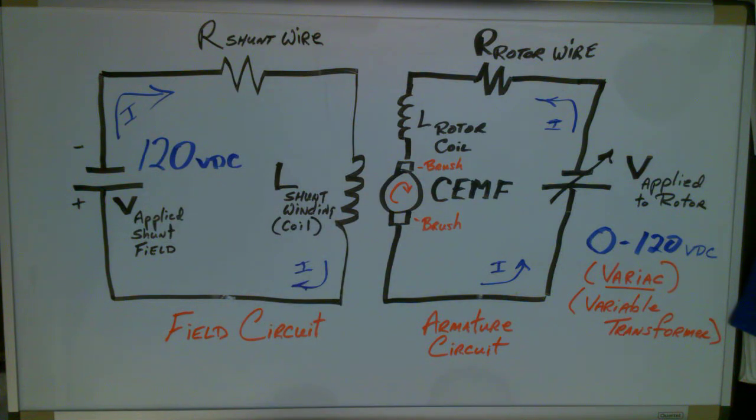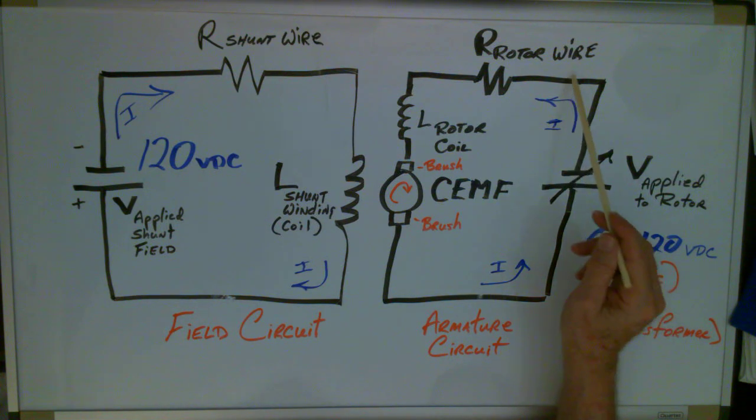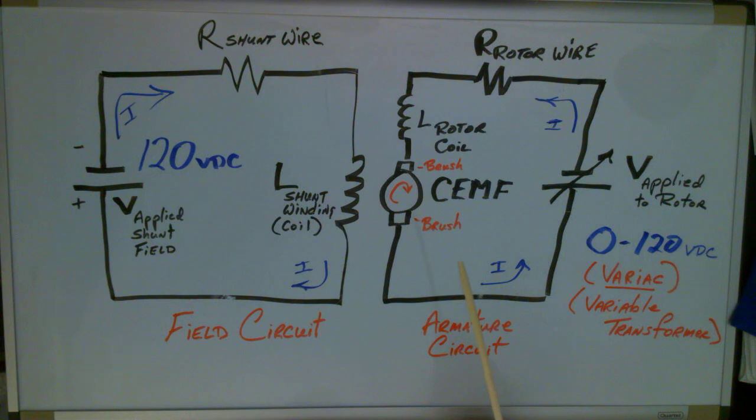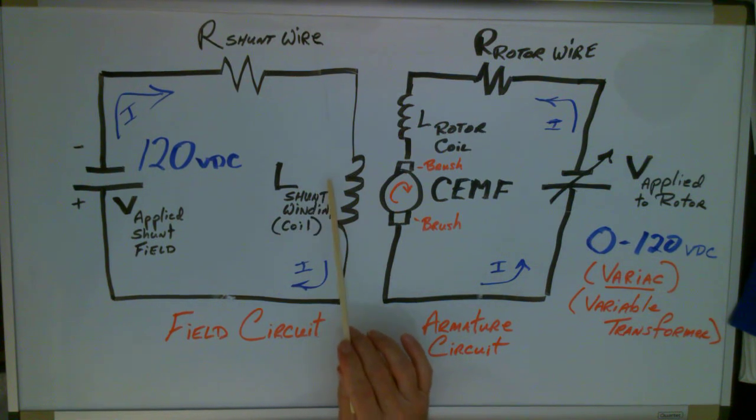Current flowing through the shunt wire makes the shunt circuit get hot. Current flowing through the rotor wire of the armature makes that circuit get hot. Now then, in the counter EMF part, the rotor too will get hot due to eddy currents, and I'll say the same thing about the inductor in the shunt circuit.